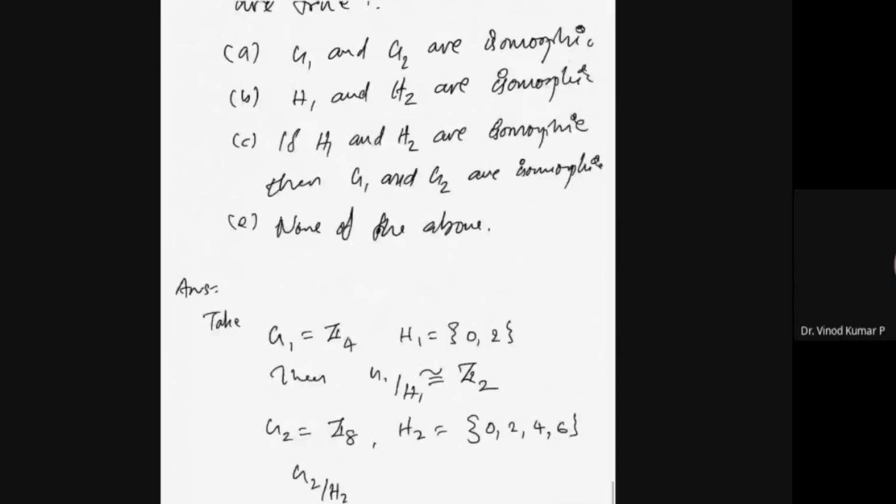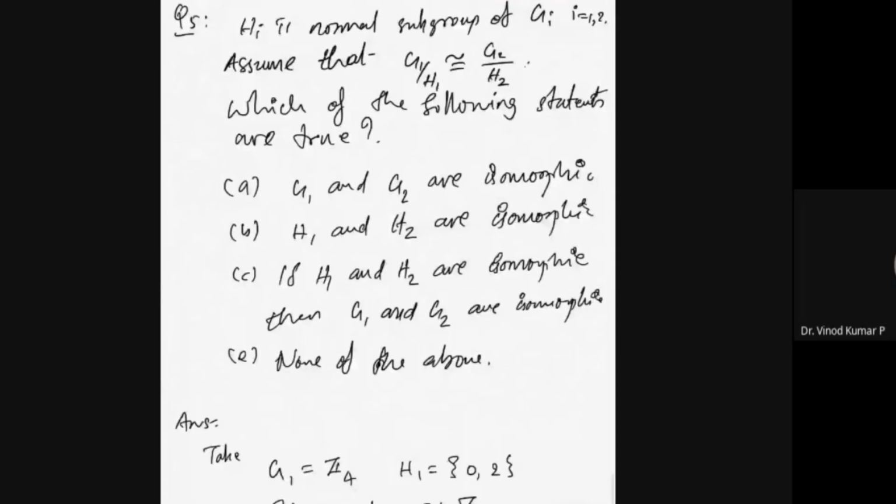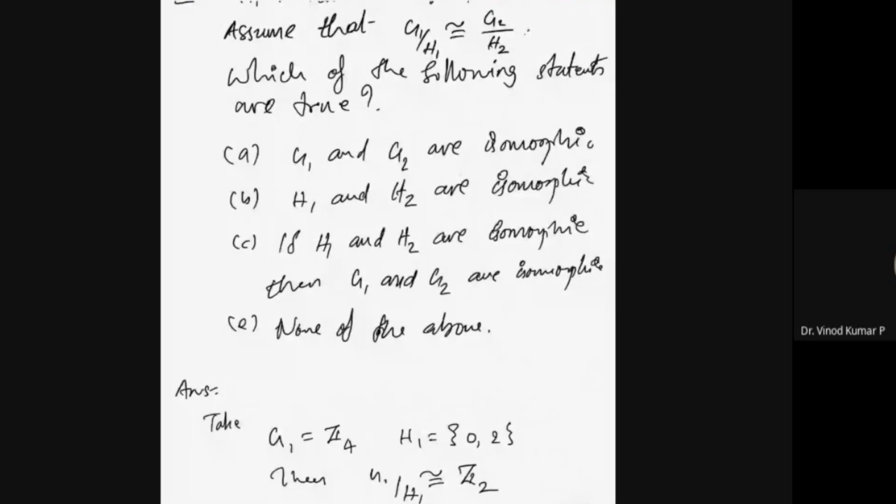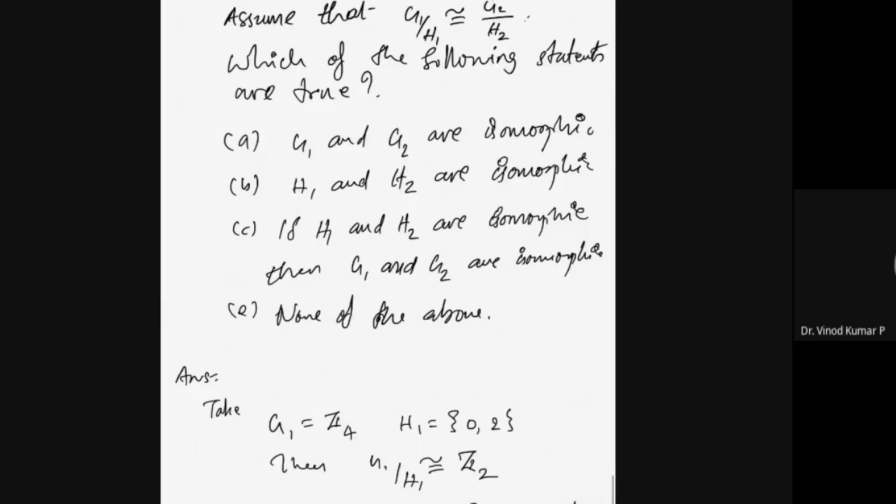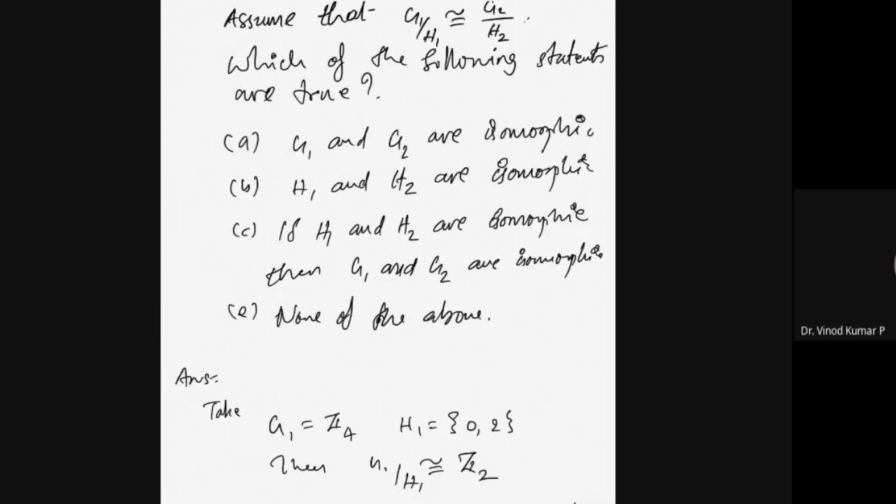Essentially we are using that, given G1 by H1 is isomorphic to G2 by H2, their cardinalities are the same. So we are considering a particular cardinality, here it is 2, for which there is only one group up to isomorphism. That means you can take any prime number p: if G1 by H1 has cardinality p and G2 by H2 has cardinality p, then the quotient groups will be isomorphic, and G1 and G2 need not be isomorphic.